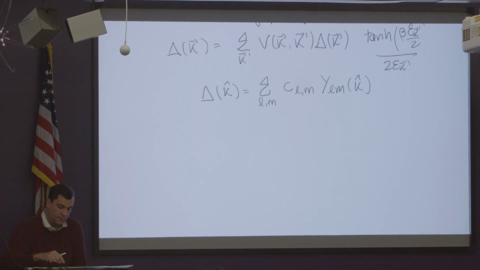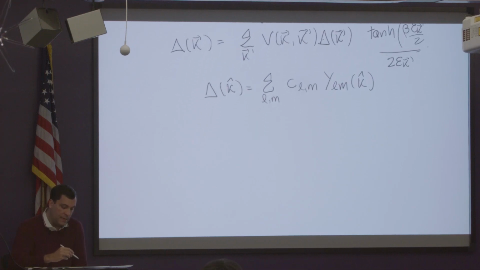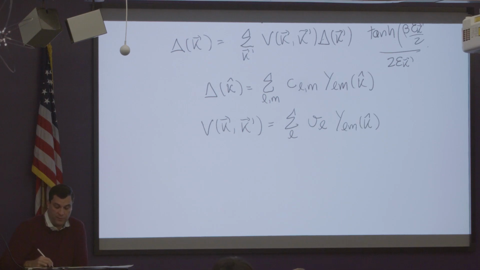Okay, so now I can also, if I have spherical symmetry, or if I'm in isotropic space, write my pair interaction as a sum over harmonics, like this. It can only depend on the coefficient L, because of the spherical symmetry that I'm assuming.